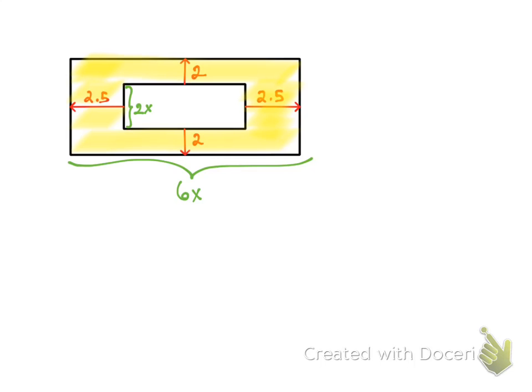So if we're going to take the area of the big rectangle, we're going to need the formula area equals length times width. Alright, good. So we need to know the length and we need to know the width of the big rectangle to be able to solve this problem. And the length of the big rectangle is already given to us in green, and the length is 6x.